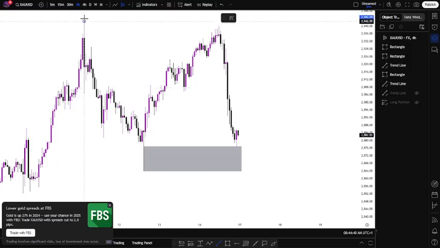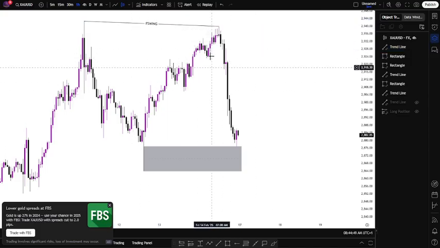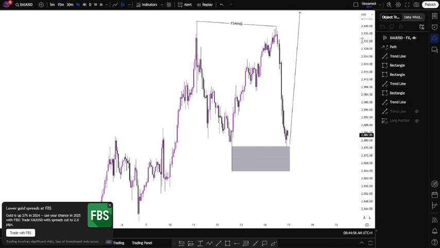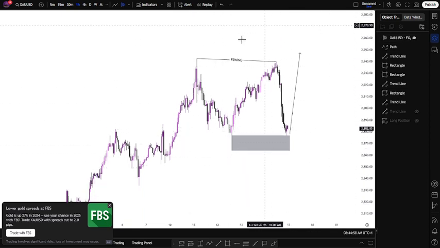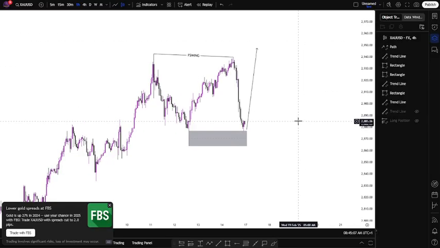First of all, we have failure swing here. Price might still choose to come and take this place out, because we've not put in a new high here. These are last highs. So failure swing, this place is supposed to break this area, but since it did not do it on this leg, it might come and do it on this leg.